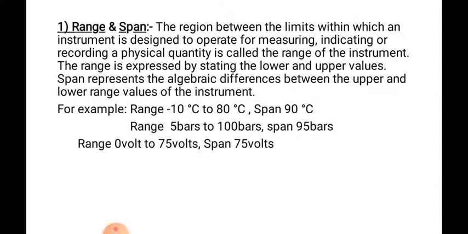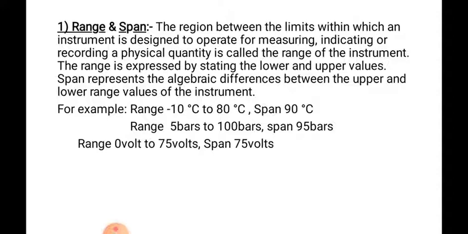So the temperature measuring instrument is usable for measurement from minus 10 to 80 degrees Celsius, the pressure measuring instrument from 5 bar to 100 bar, and the voltmeter from 0 volt to 75 volt. For temperature, the lower value is minus 10 degrees Celsius and the upper value is 80 degrees Celsius. Likewise, all the examples are given here.